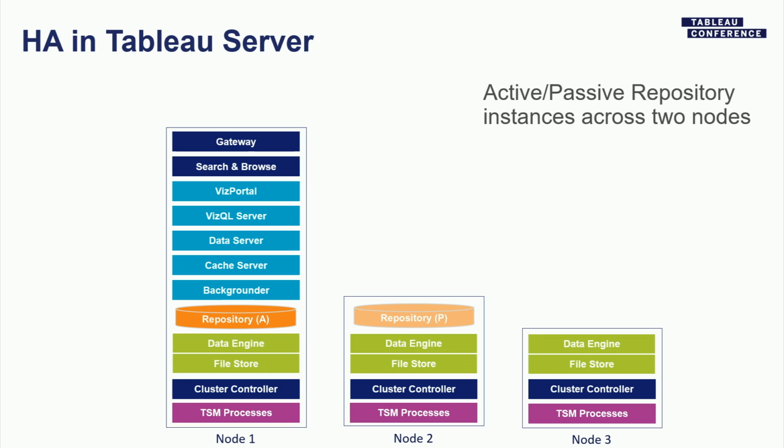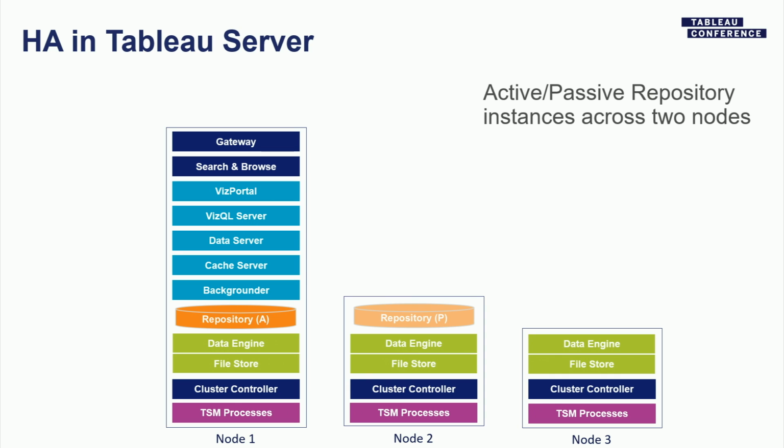One will be designated the active, and that's what all the processes will use to communicate when things are running normally. And we have that passive that's configured. And Postgres has the functionality to do streaming replication between the active repository to the passive repository. So then if anything were to happen, that's when we would need to fail over to that passive repository.